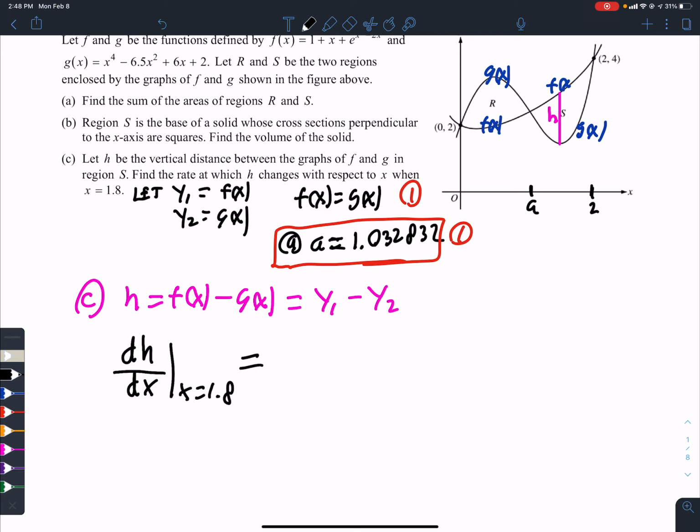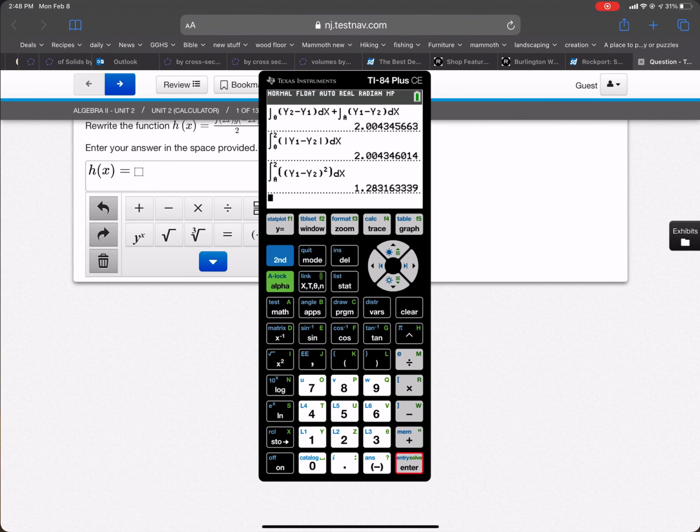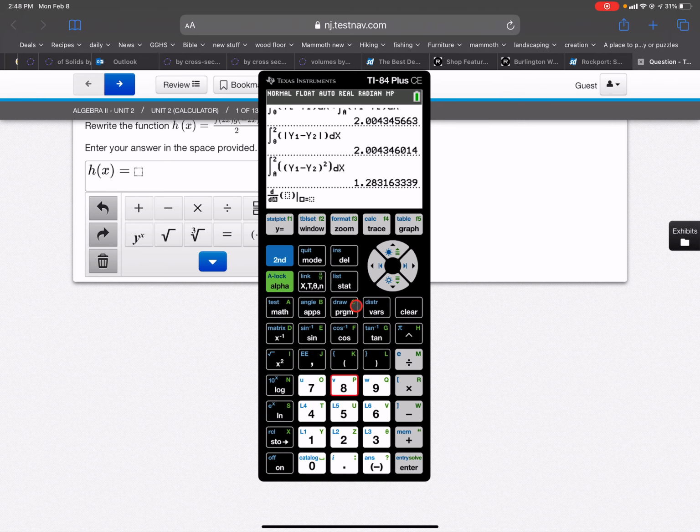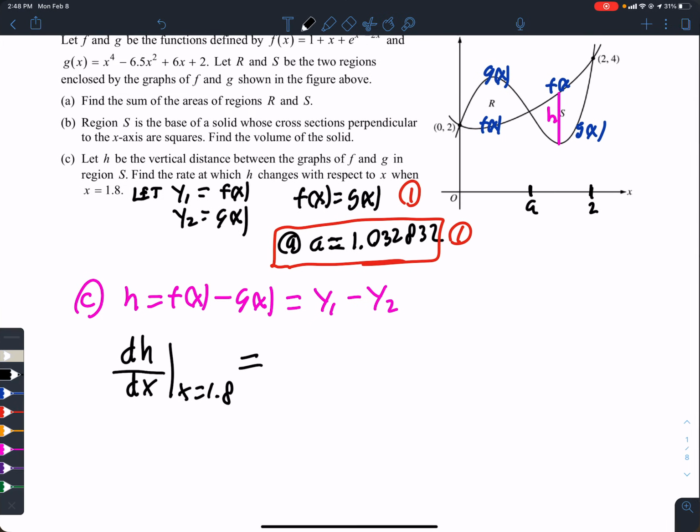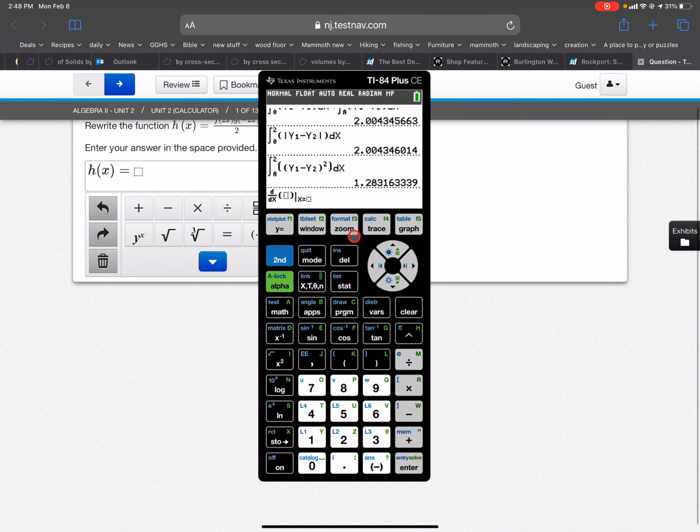There are a few ways to enter it. I will show you. One way is just to do math 8 for derivative with respect to x, and I believe it's y1 minus y2, yeah, y1 minus y2, at the point 1.8.